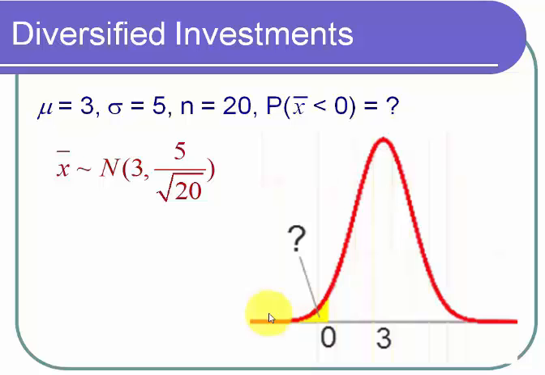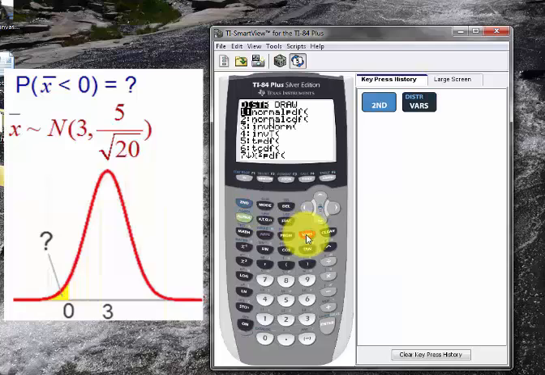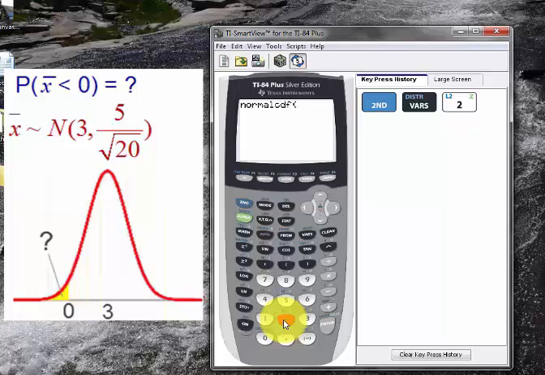Let's do that. Okay, so here's our calculator. I got a second distribution. Here we want to find the area of the curve given a value of x. So that's normal CDF, which is number 2. We want to find out the probability that x bar is less than 0.